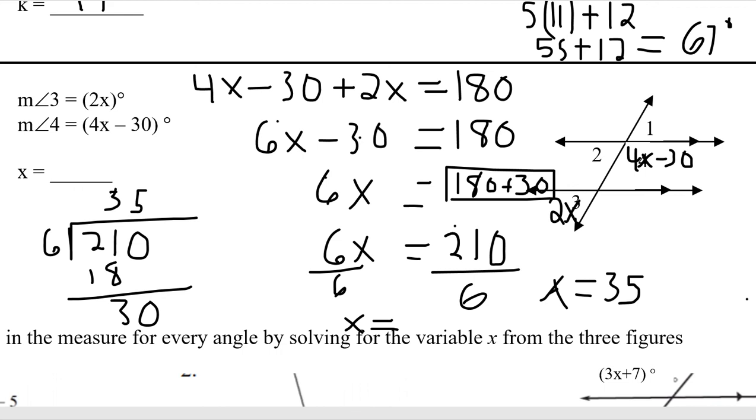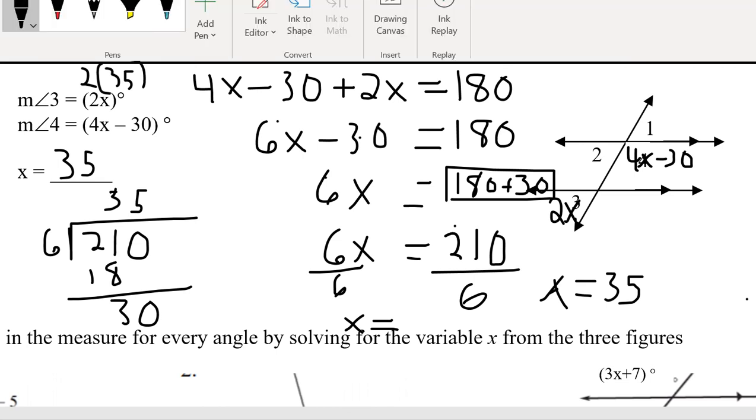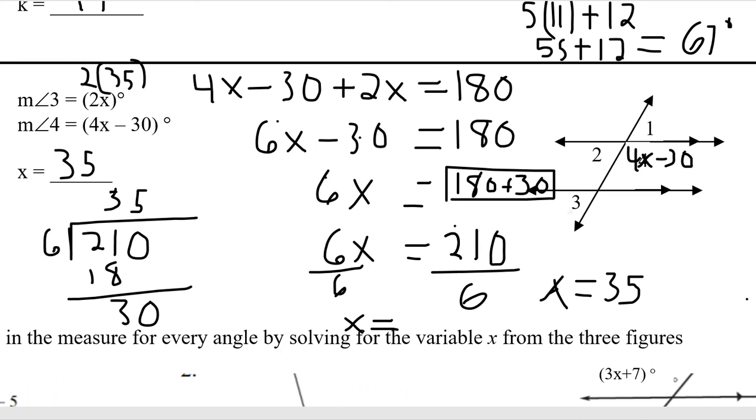So what is the measure of angle 3? I'm going to say 2 times 35, which I believe is 70. So let me erase this.